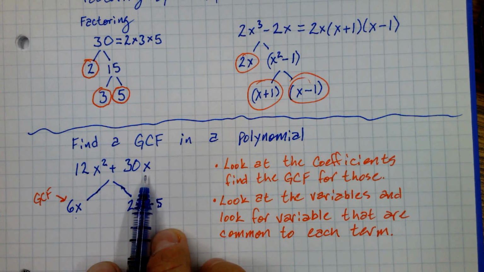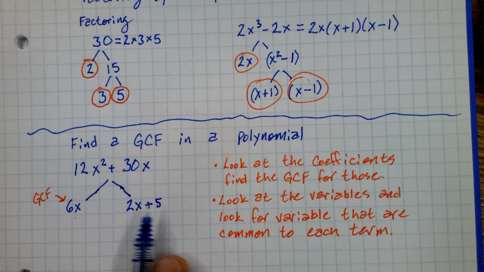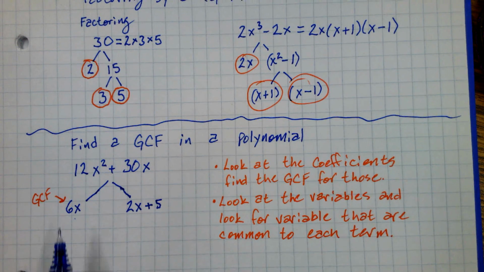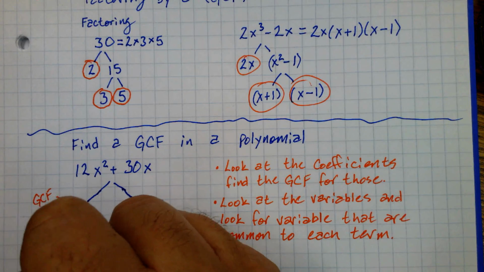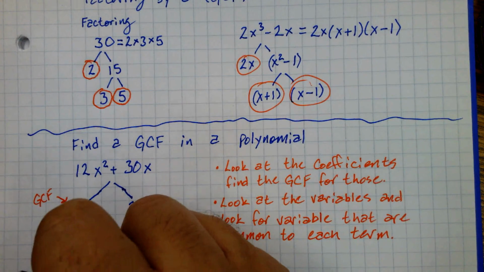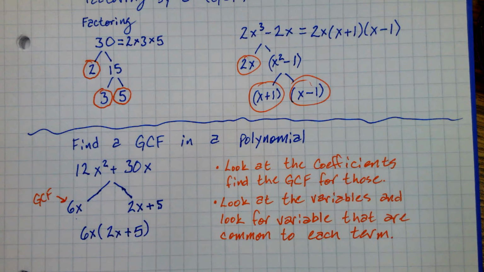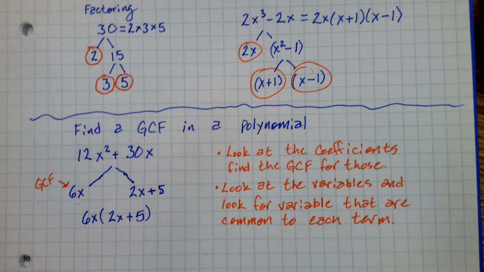Can I do anything with x? No, because remember, 6x times something over here has to give me that 30x. So there's my two factors. 6x is one factor. 2x plus 5 is my other factor. Okay? And I just factored out a greatest common factor.